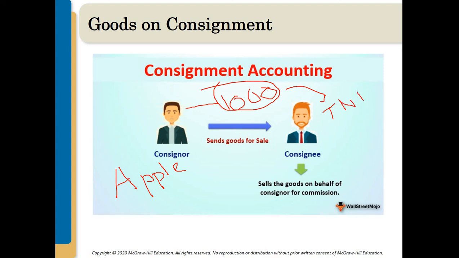TNT is not buying the 1,000 units of iPhone. They are just keeping those 1,000 iPhones in their warehouse for sale. So the ownership of these iPhones is Apple's. The ownership goes to Apple. So the consignee is not the owner of the goods sent on consignment.